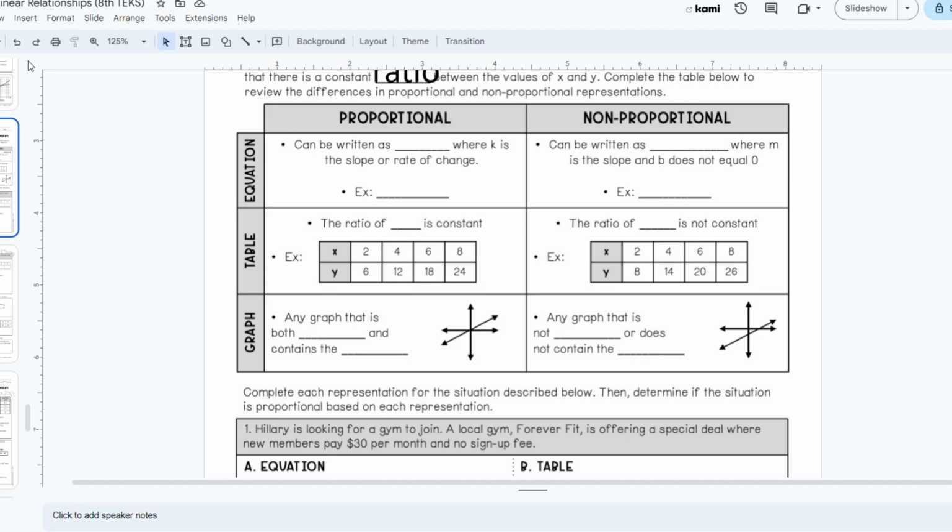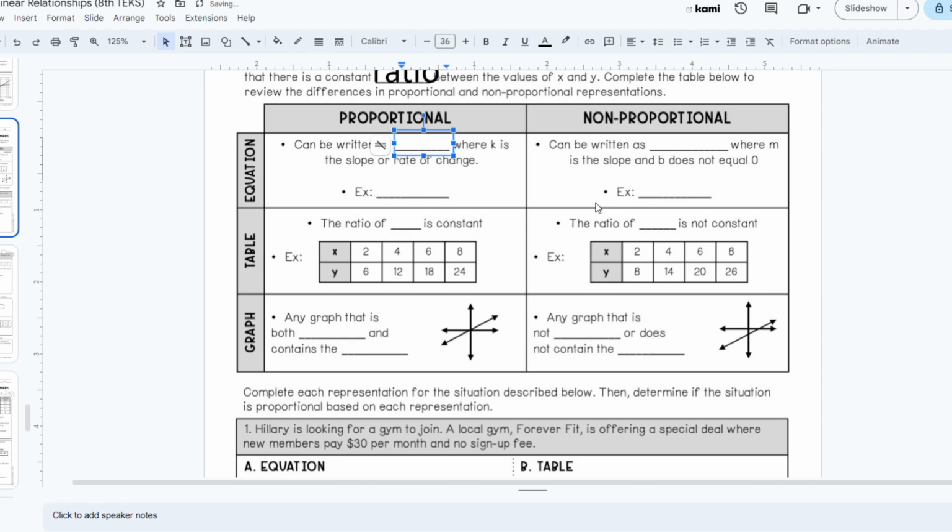So, proportional relationships. Basically, what happens if you take away the b value in y equals mx plus b? You get y equals mx. But for some reason, they change it to y equals kx.